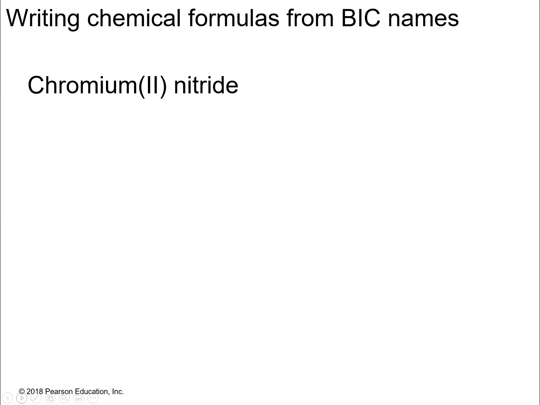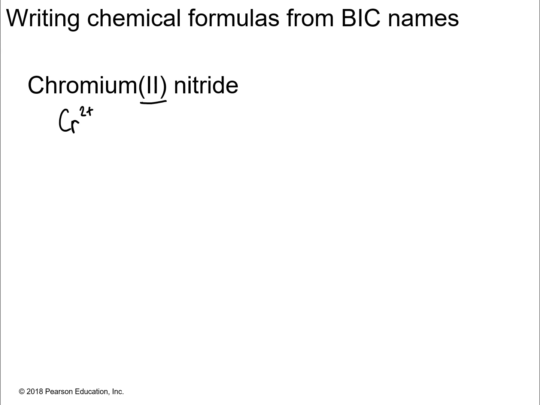Let's write a formula for chromium(II) nitride. Right away, you know that chromium is a transition metal because it's got a 2 in parentheses. We don't even need to look at the periodic table unless you need to know what the symbol is for chromium, because we already know what its charge is. 2.